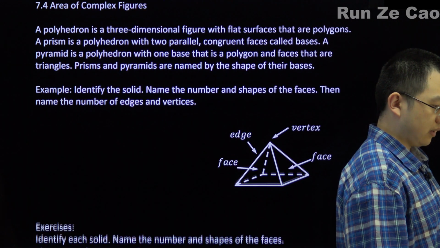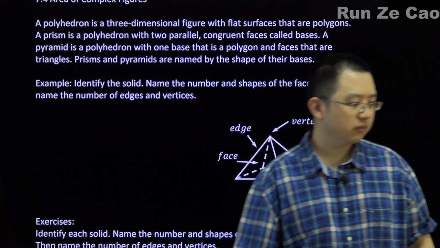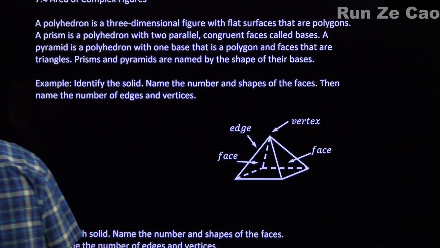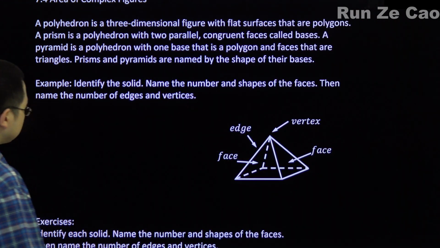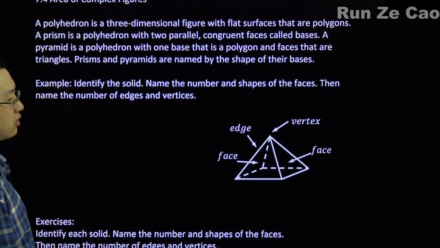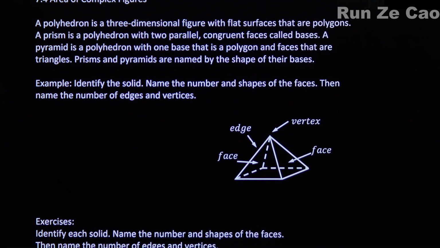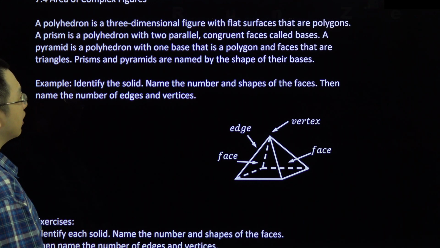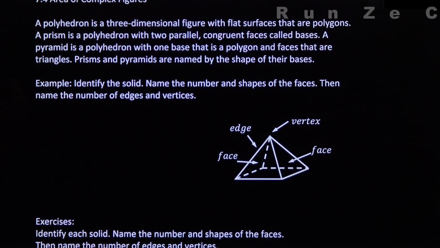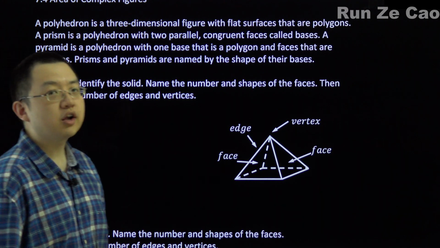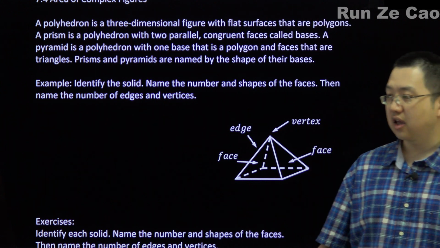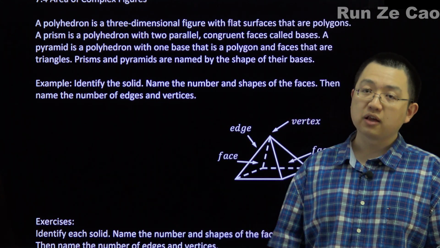So, let's say we have three-dimensional figures with flat surfaces that are polygons. What do we call this? We call this a polyhedron. Most rocks are not polyhedrons because they are irregularly shaped. If you have flat faces, on the other hand, you can say that a brick can be considered approximately a polyhedron. It is approximately a rectangular-based prism.